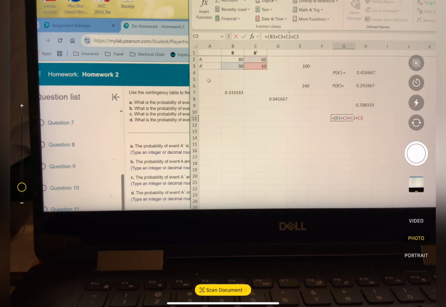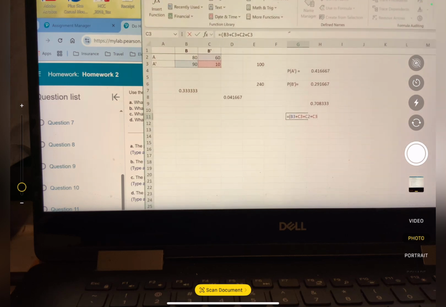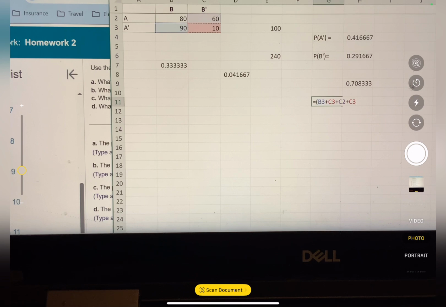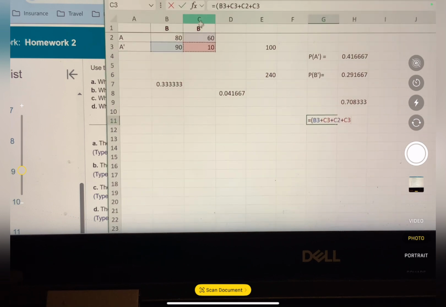Look what is interesting. That's why we got more. You see this 10 overlapping twice? Let me move here and zoom in. Do you see this? This 10 is our C3, and we used it twice, so it's a duplicate. Therefore, we need to take off one C3.